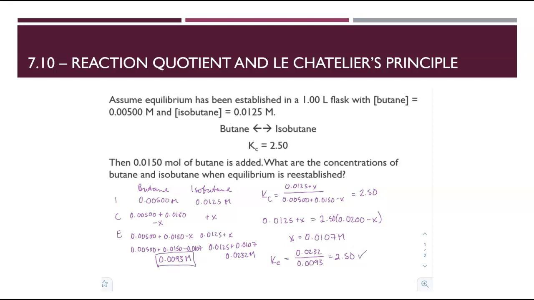So our equilibrium concentrations, once it's been reestablished, is 0.0093 and 0.0232, which makes sense because we know that butane should be higher than its initial, but less than the initial plus the amount that we added, because we know that some is going to go into forming isobutane, and isobutane should be higher than what we started with. So not only does it check out with our equilibrium expression, it also makes logical sense.